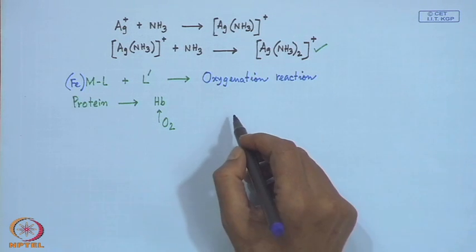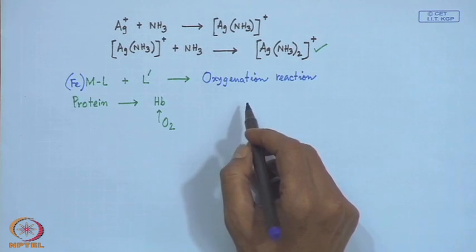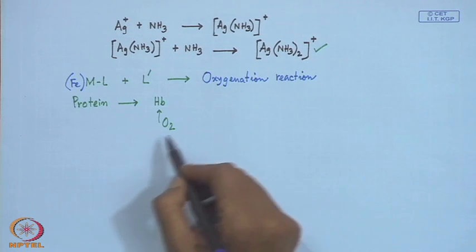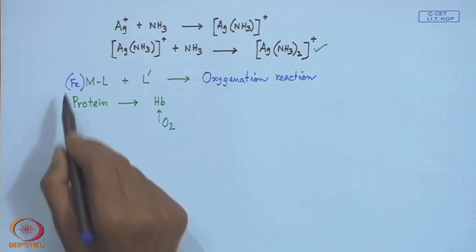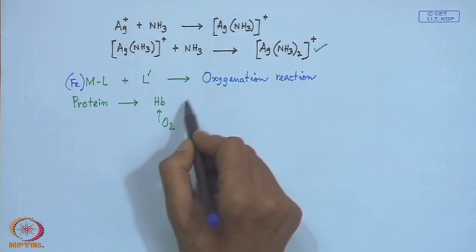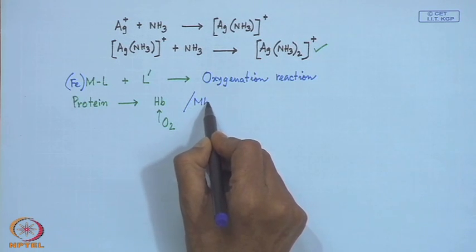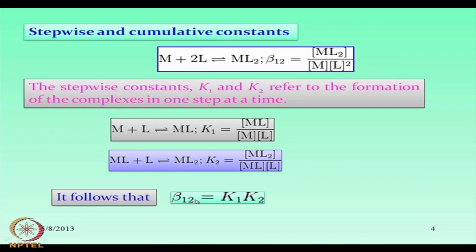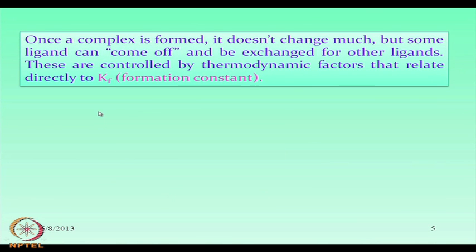That means beta 1 2, beta 1 2 3 or beta 1 2 3 4 can also be monitored for a reversible reaction like oxygen binding to the iron center in hemoglobin, or in some cases also myoglobin. So, we have the beta values for different types of complex formation. Once the complex is formed, it can be the typical metal ligand assembly, or it can be oxygen bound to the hemoglobin or myoglobin molecule.